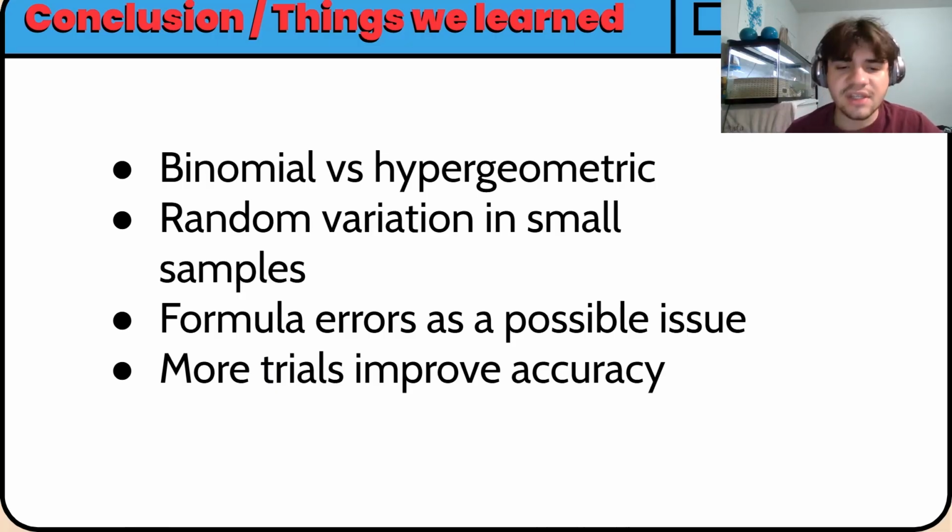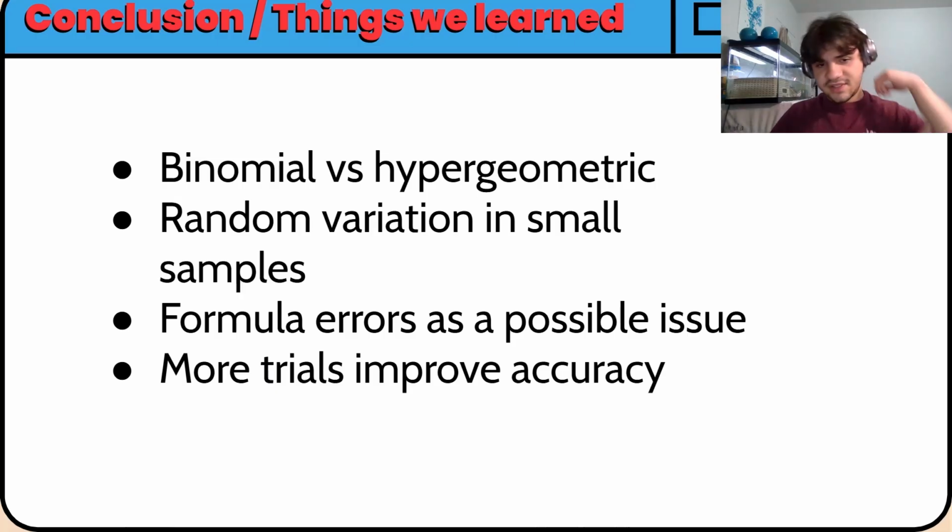But if you continue to increase the trials, it gets closer and closer to the theoretical distribution. And the formulas can be a little tricky. If you get them wrong, you might get the graph wrong, and you might not get close to the theoretical distribution pattern we've been talking about.